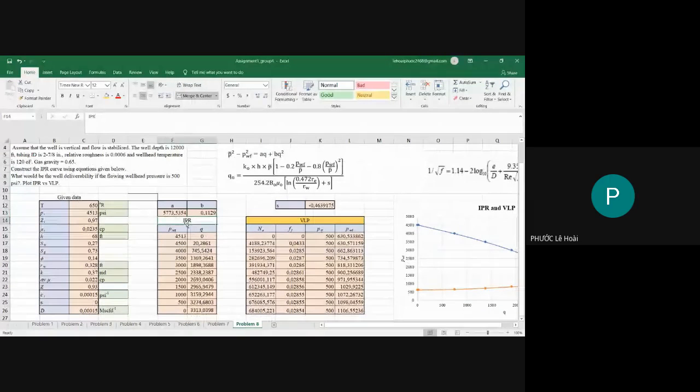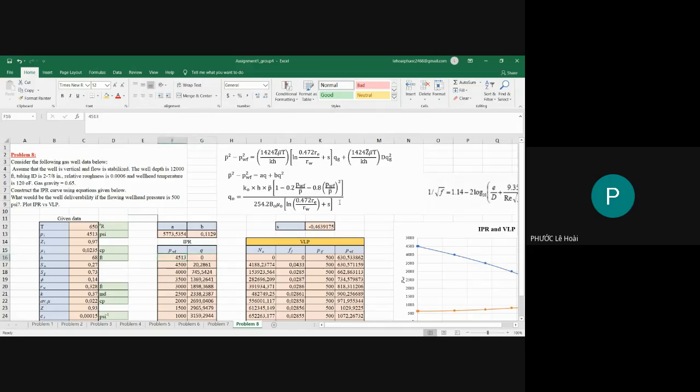And first is for the IPR. For IPR, we must calculate like the problems before. First, we will calculate the bottom hole flowing pressure, PWF here, and for the flow rate here, use the equation here.